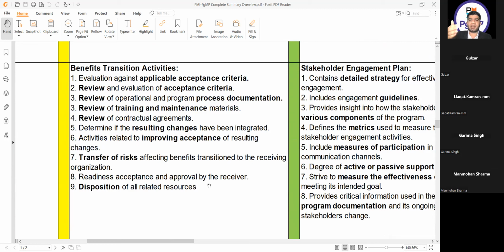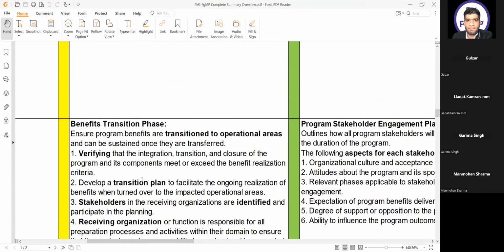So whether they are ready to receive or not is linked with the transition plan. So it's readiness by the receiver, right? Yes, from the receiver's point of view, readiness. Okay, ready, acceptance. So the receiver is accepting the things. Okay, right.